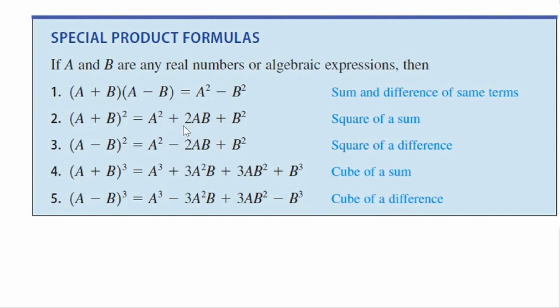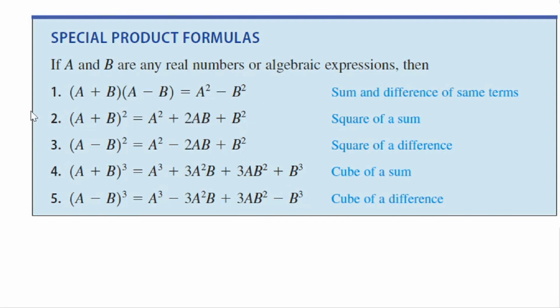The square root of A squared is A, and the square root of B squared is B. That's why it is twice the product of their roots. Again, on the right-hand side, A squared plus 2AB plus B squared is what we call a perfect square trinomial, or in some books, a perfect trinomial square. Whichever is being said, I'm referring to one thing.